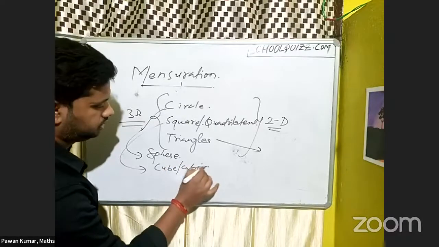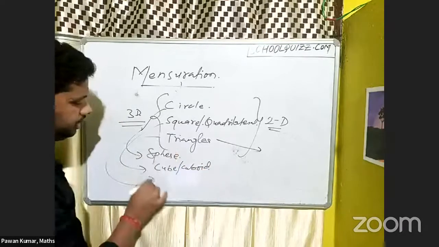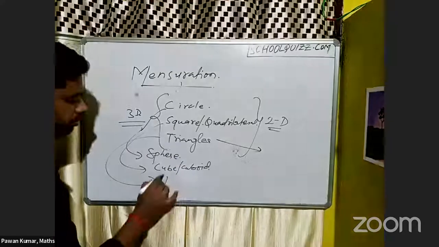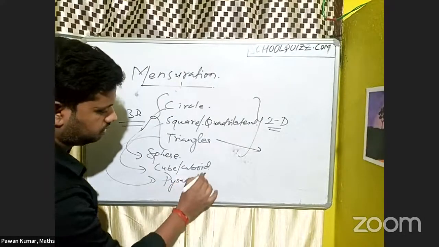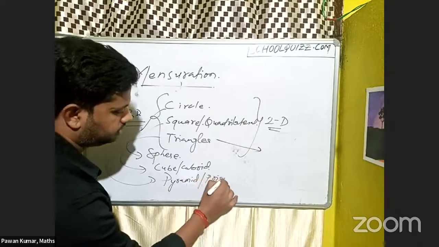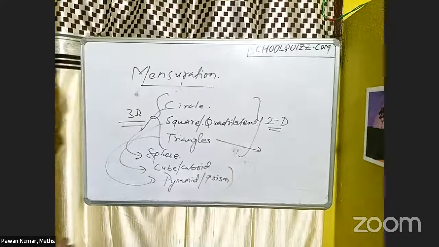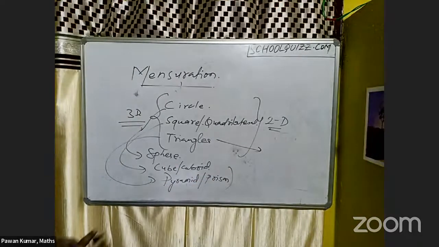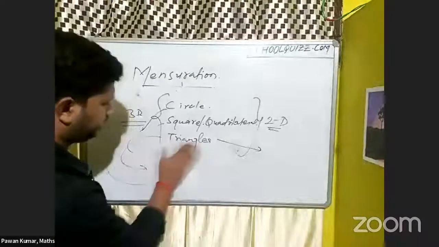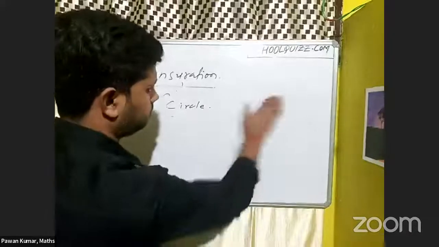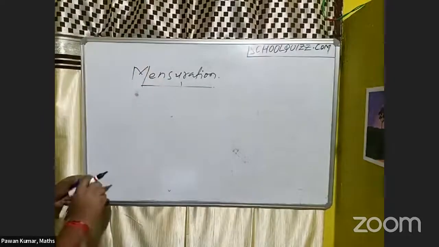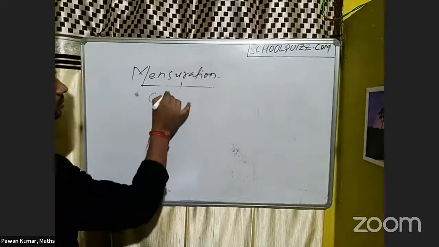And a triangle will give a shape like a pyramid or prism. So that depends on that. In your classes, they will give you the terms. First they discuss the cube.